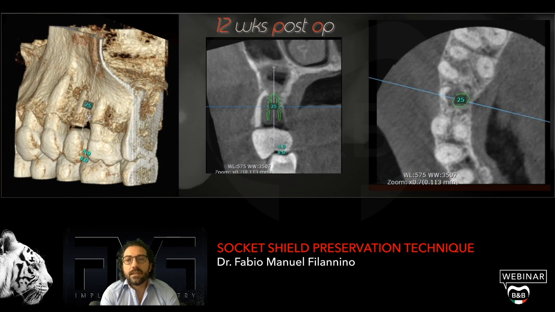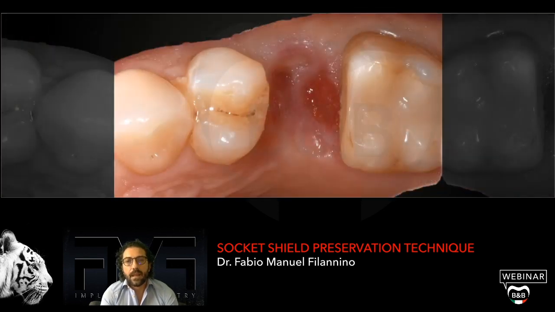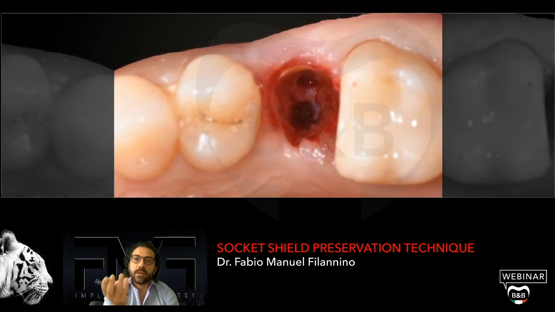So what I did, I entered the area again and removed the tissues inside. I corrected everything, and I was very careful to remove the apex that I left in the first surgery, and I trimmed the shield down to the crestal level.